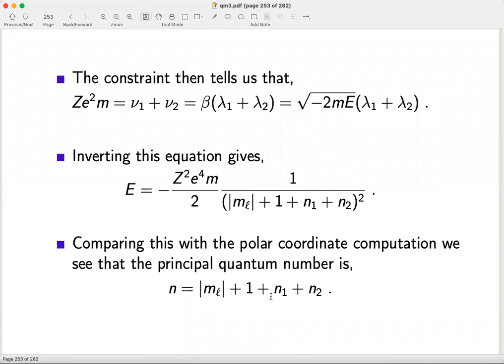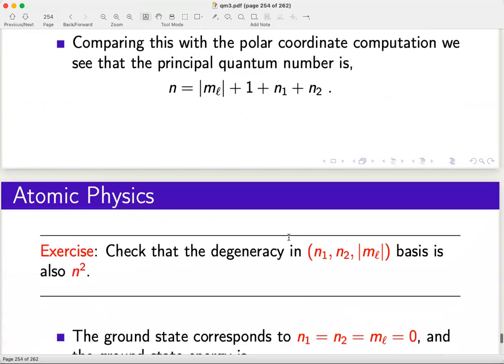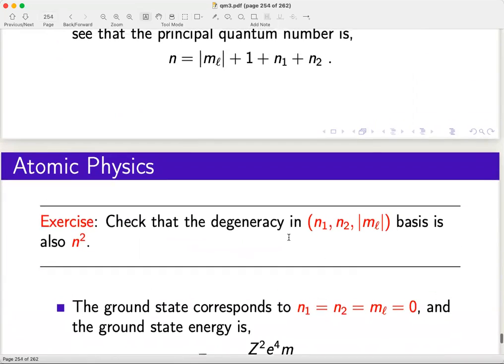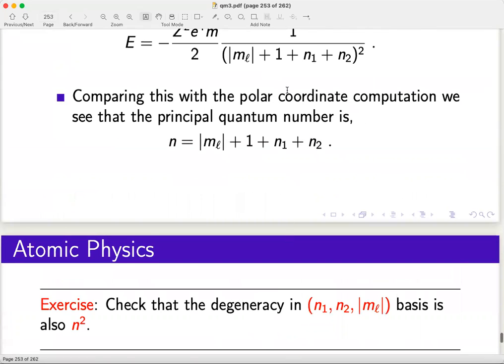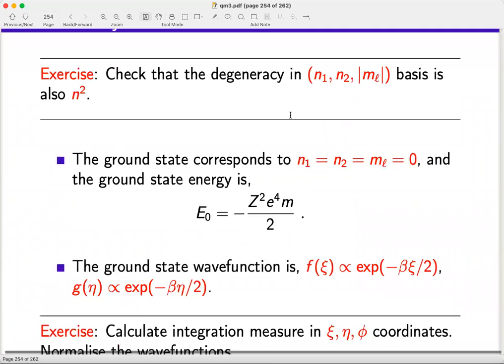So taking ml to be 0, n1 to be 0, n2 to be 0 would give n equal to 1. That would be the ground state of the problem. You can substitute that value and you'll find that the ground state energy is Z squared e to the 4 m by 2. It's precisely what we had gotten when we were studying it in the spherical polar coordinate system.